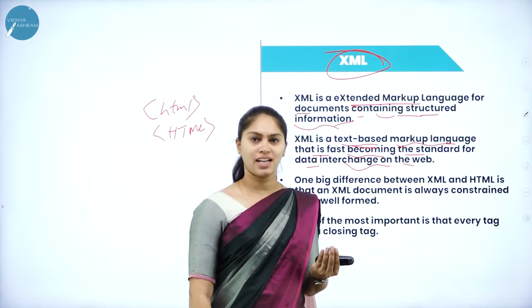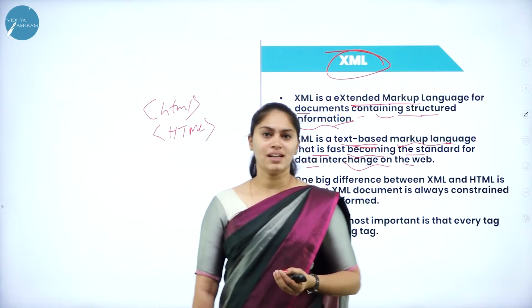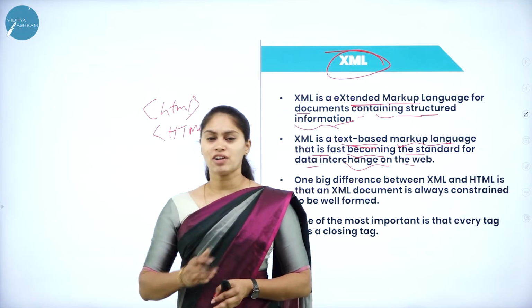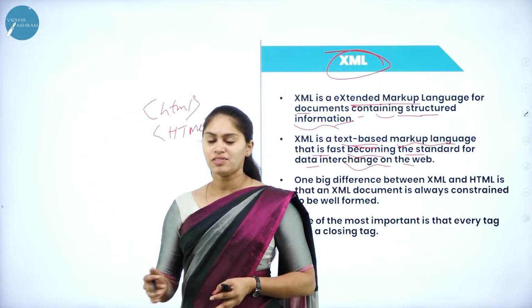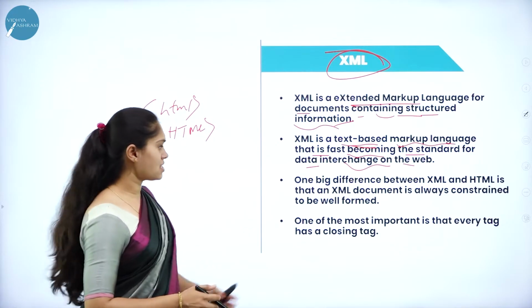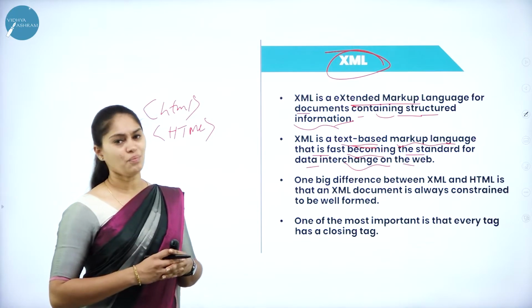For some tags in HTML, we don't have ending tags, which are considered empty tags. But in XML, we must have a closing tag for every tag. If any tag doesn't contain a closing tag, then that will not come under XML. That is the main difference between HTML and XML.